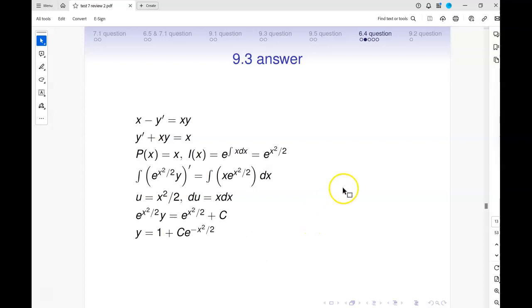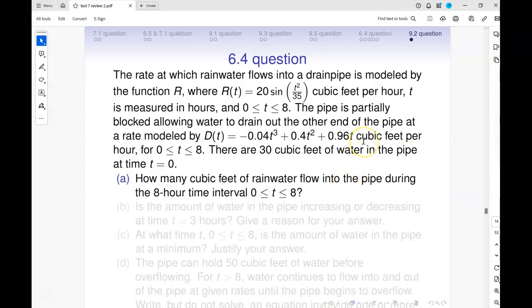All right. Here's my last block of questions. 6.5. The rate at which rainwater flows into a drain pipe is modeled by the function r, where r of t equals 20 sine of t squared over 35 cubic feet per hour, where t is measured in hours from 0 to 8.